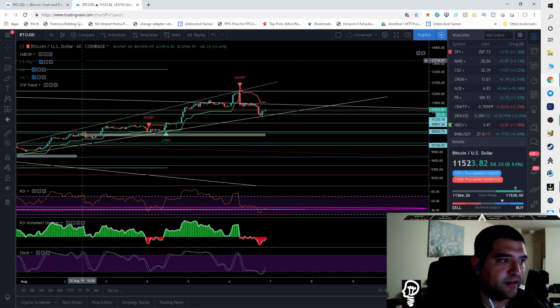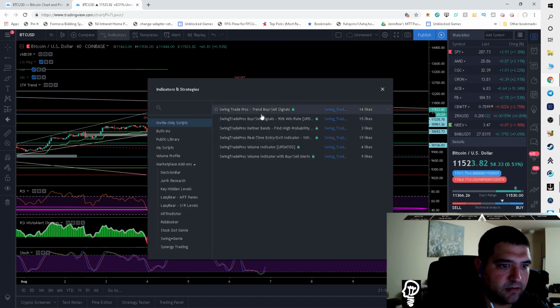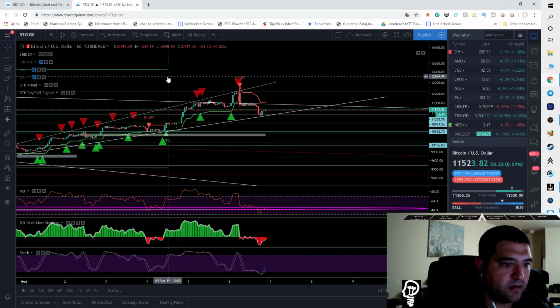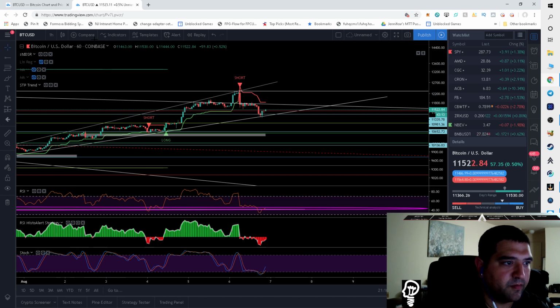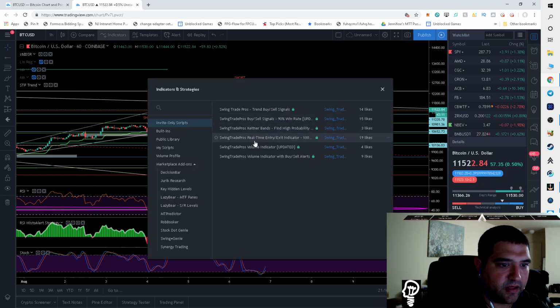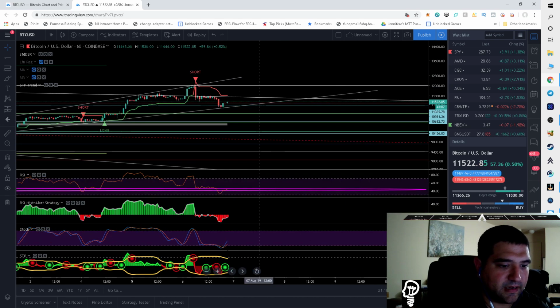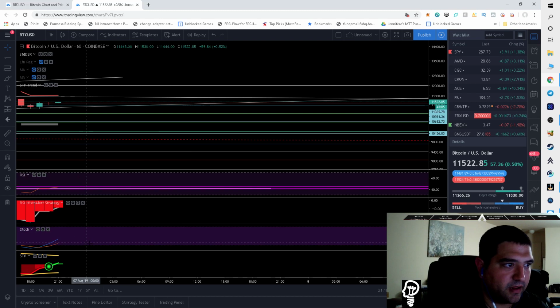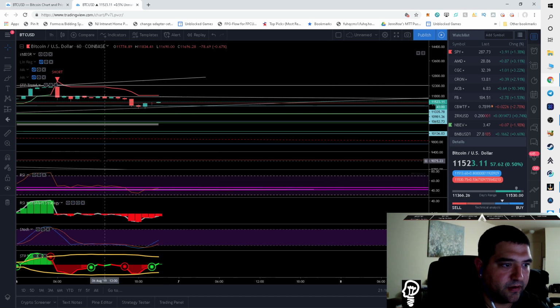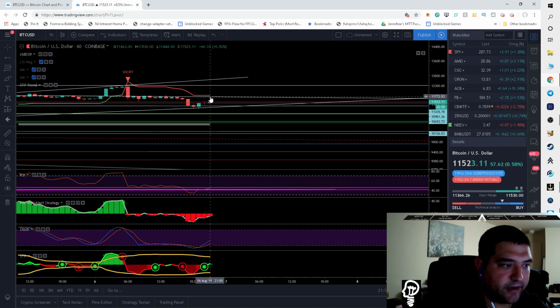In terms of a buy signal, let's see what these signals say. Yeah, no confirmed buy signal on that. In terms of the dots, we got a buy dot that came in on the hourly, right? So one could buy this candle here and trade it.